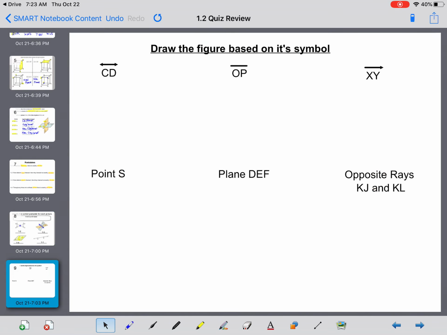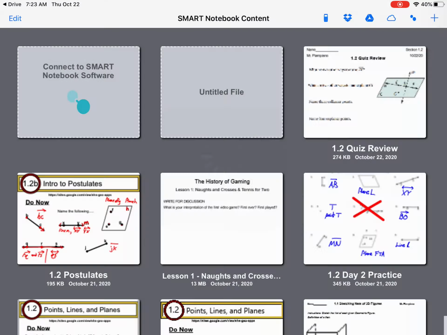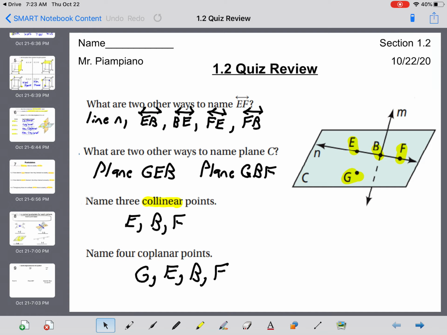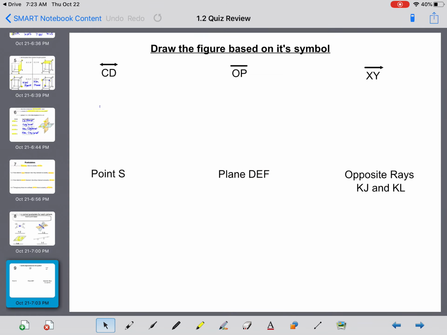Lastly, draw the figure based on its symbol. Line CD, so put 2 points, label them C and D, and put a line with 2 arrows through it. Line segment OP, I have point O and point P, and we just connect them.